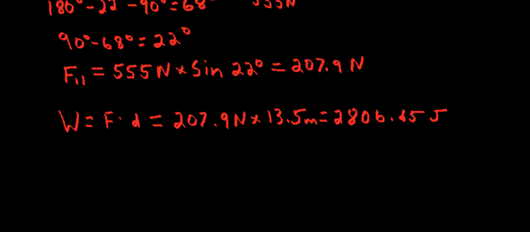Newton meters is equivalent to joules. And that is the answer. That is the amount of work needed to move the block from the base of the ramp all the way to the top of the ramp.